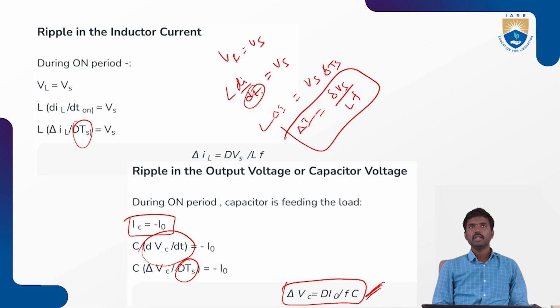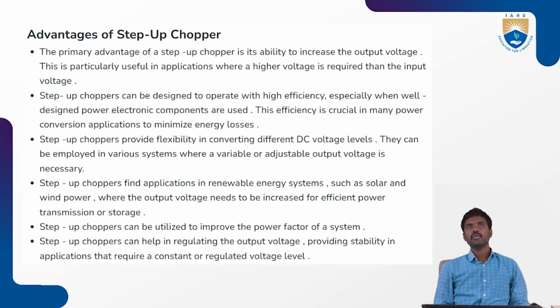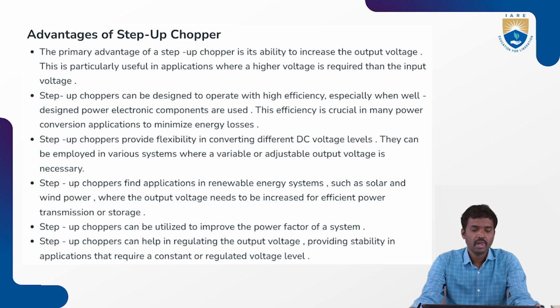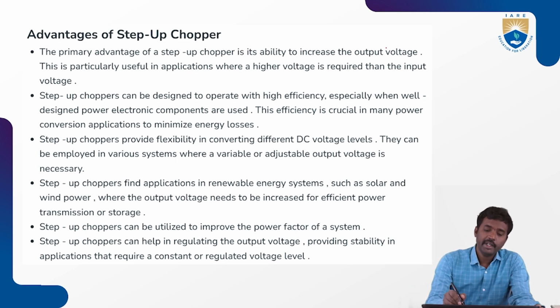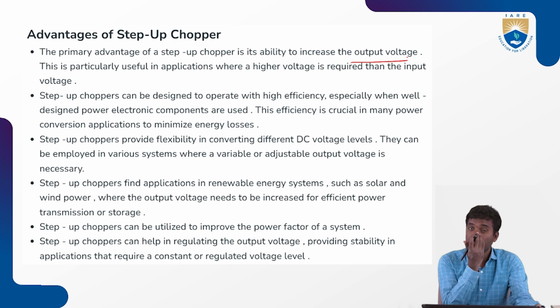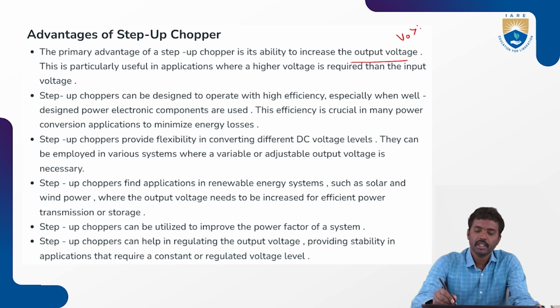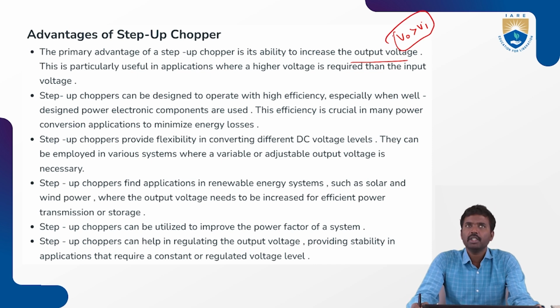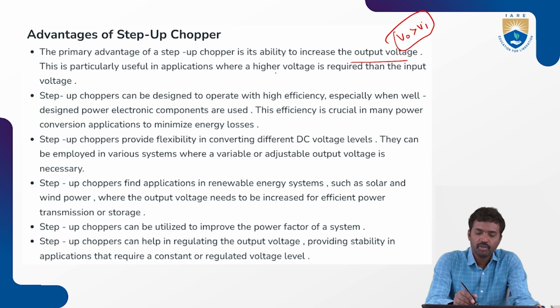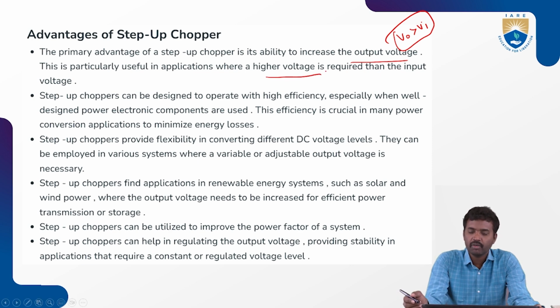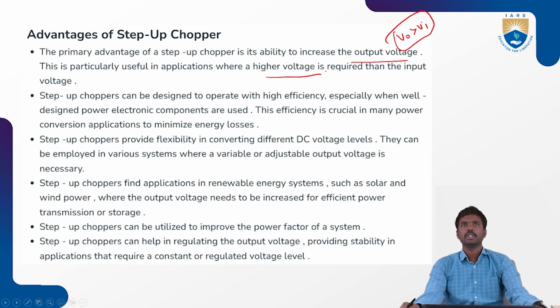So now here, what are the advantages of the step up chopper? The main advantage is the ability to increase the output voltage. We are boosting the output voltage, so the output voltage is greater than the input voltage. This is particularly useful in applications where a higher voltage is required than the input voltage.